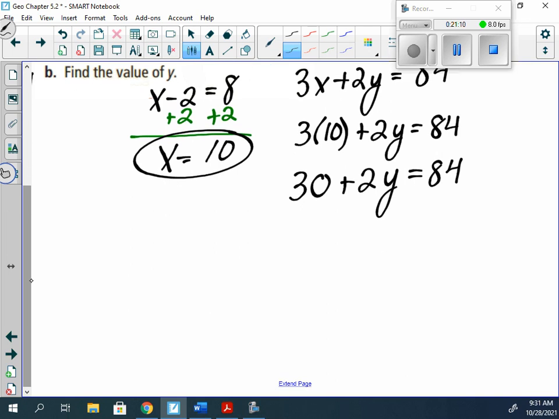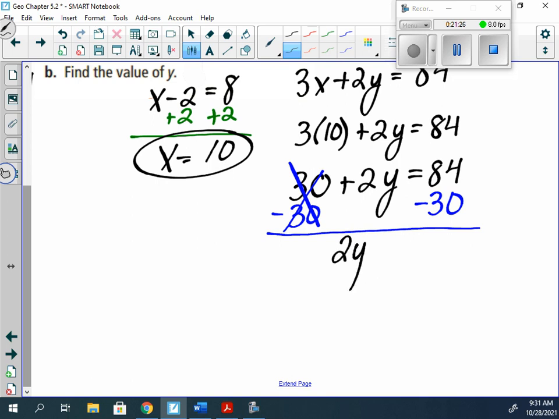So we don't have any like terms, so we can get y by itself. What is the first thing we can do? Subtract 30 from both sides. Because 30 minus 30 is 0. So we have 2y. 84 minus 30 is?